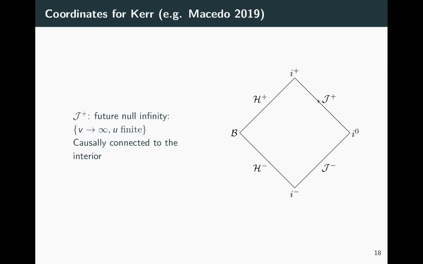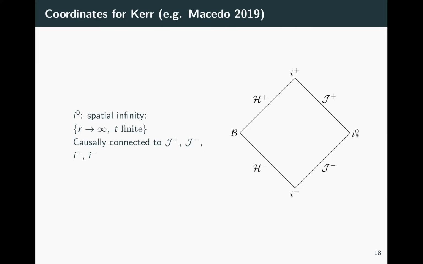Future null infinity you can think of as v goes to infinity with u finite. You can also communicate with scri plus, future null infinity, by sending a wave pulse out. Also, if you follow a time-like geodesic, you can eventually reach future time-like infinity, which is denoted by I plus. So any time-like geodesic is going to hit I plus in the future. I naught is spatial infinity. That's where t equals constant, r goes to infinity.